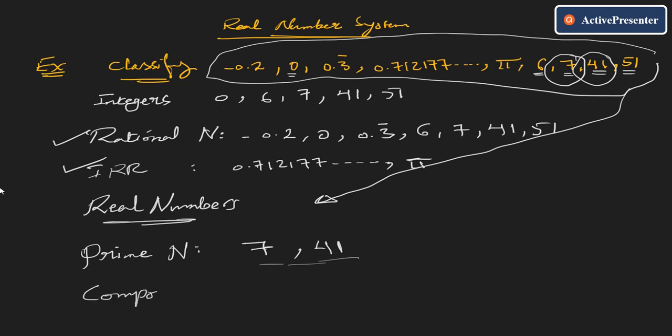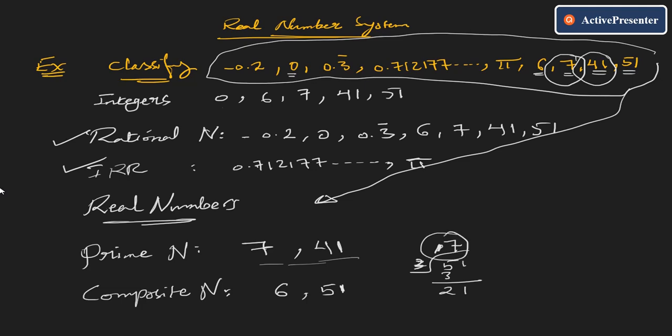Composite number, we have, for example, 6, which can be divided by 2 or 3, and 51. If you divide 51 by 3, you will get 17.